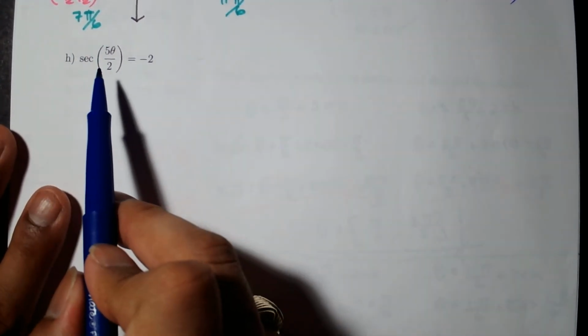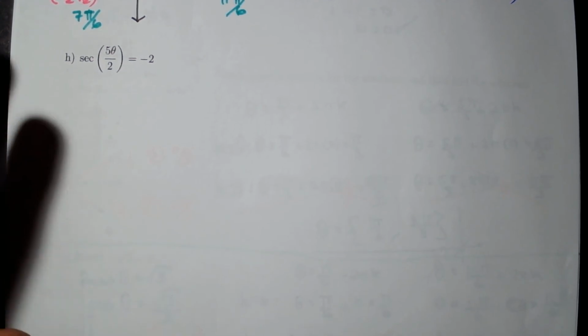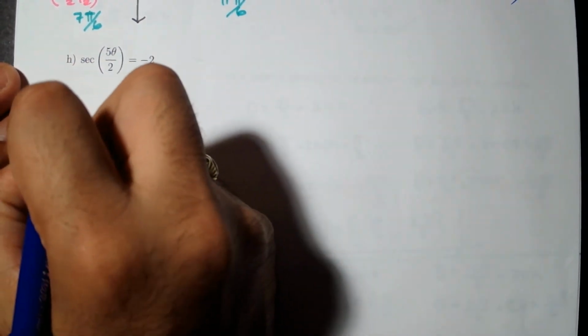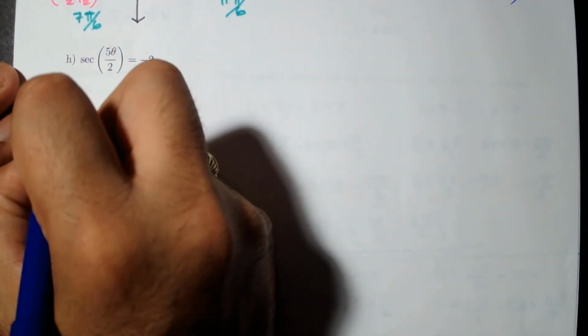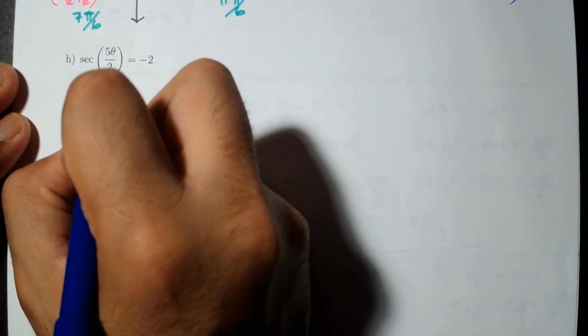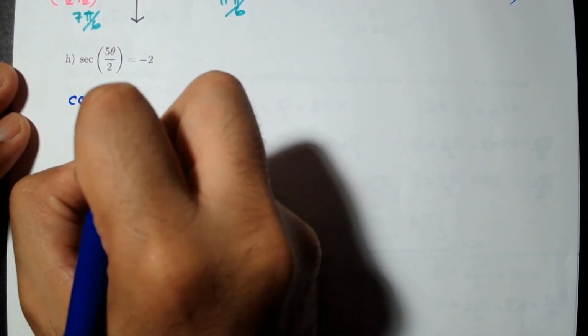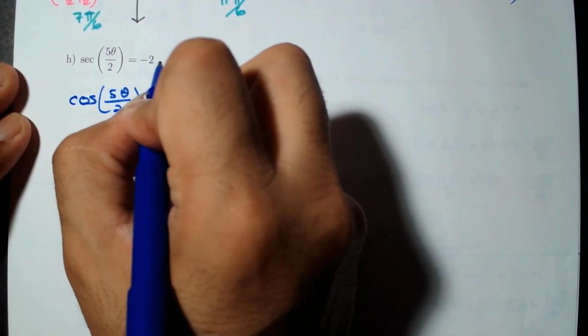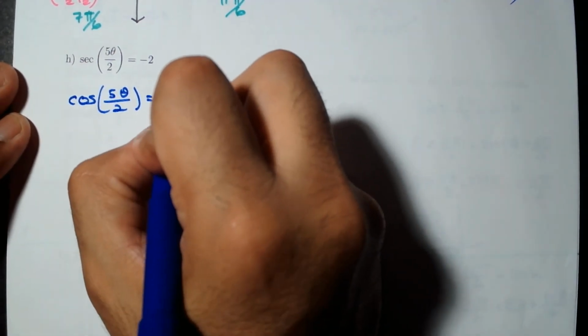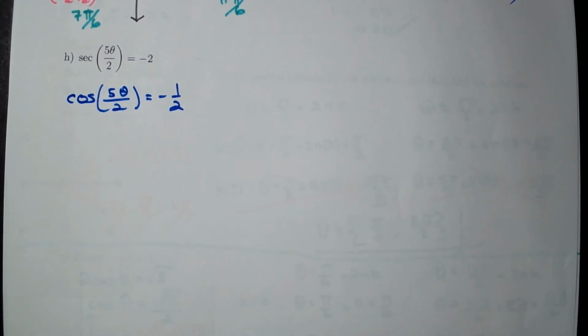So how do we deal with secant? Well, number 1, let's use trigonometric identities, in which secant is the same as cosine, provided you find the reciprocal of this value. Recall secant and cosine are reciprocals.